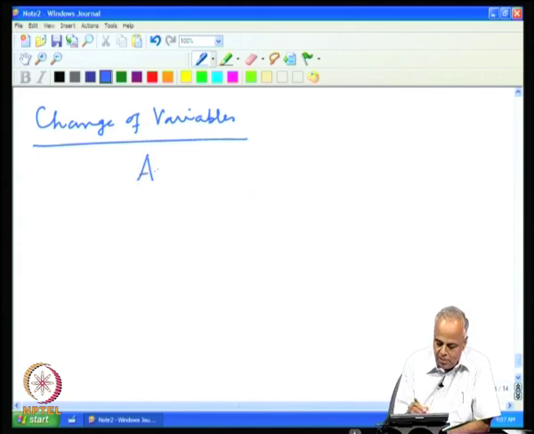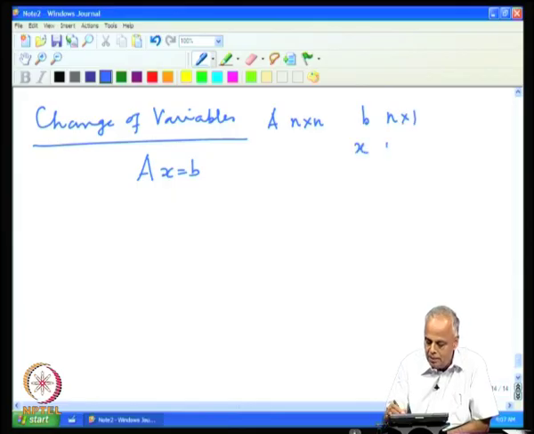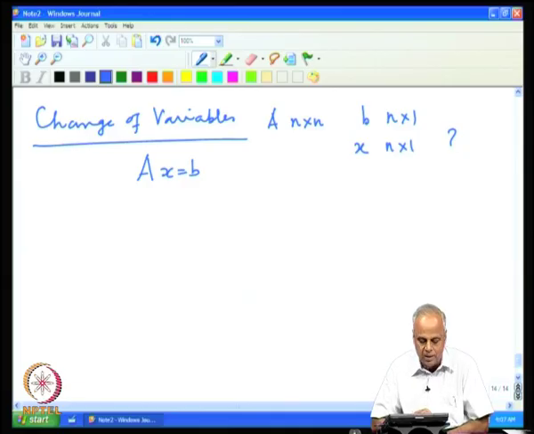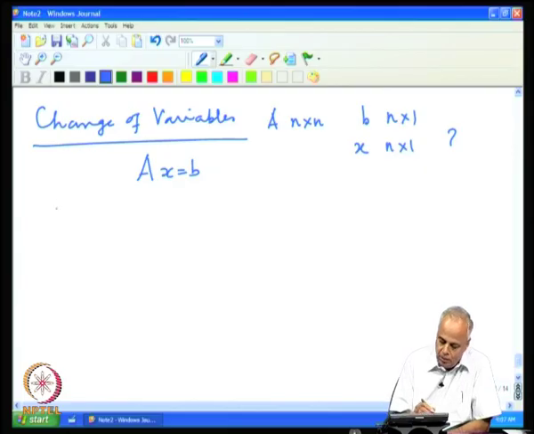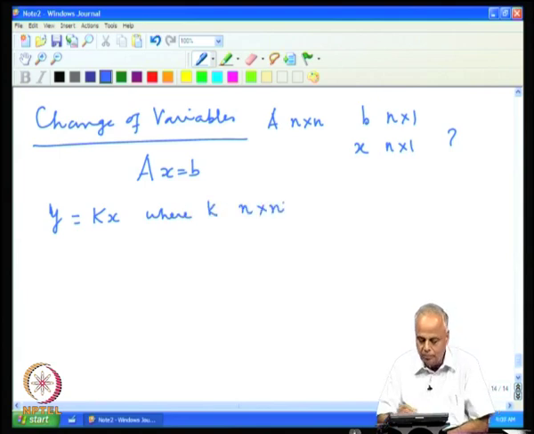Suppose we have this system Ax equal to b, A is an n by n matrix, b is an n by 1 column vector, x is an n by 1 column vector, which has to be found. We want to know what is x, such that Ax equal to b. Now, we introduce a new variable y, which is equal to say some k times x, where k is an n by n matrix.